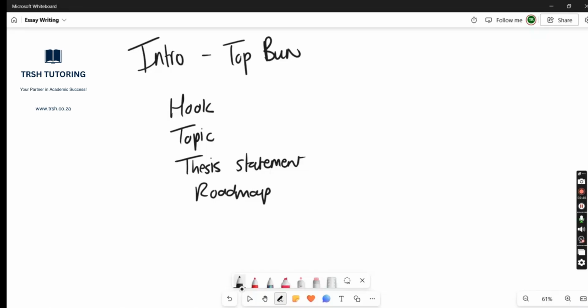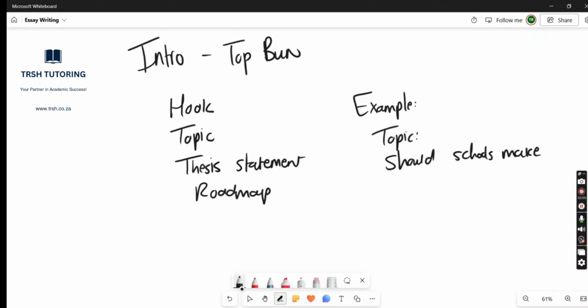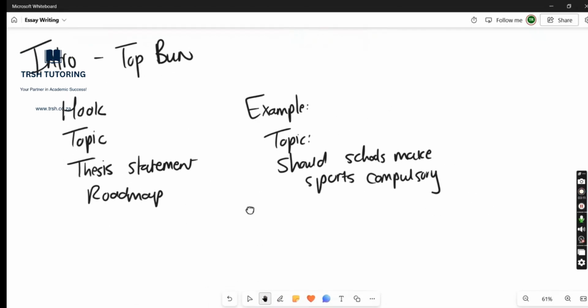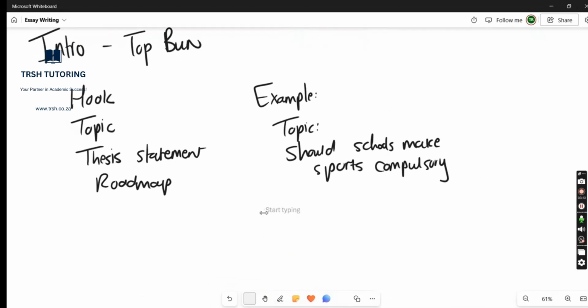So an example that we can have is the following. Let's say the topic is, should schools make sports compulsory? Okay, I'm going to try and type because this is going to take too much time. So if we look at an example for the top bun, the introduction, that is the title, should schools make sports compulsory?